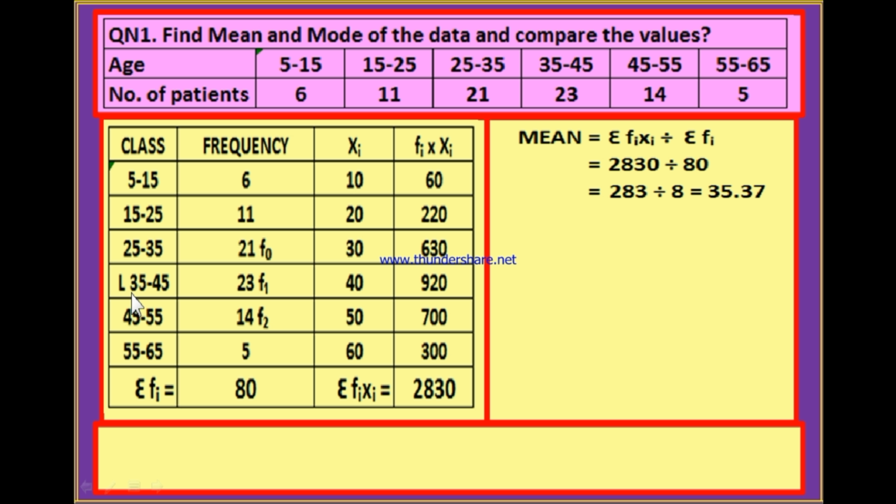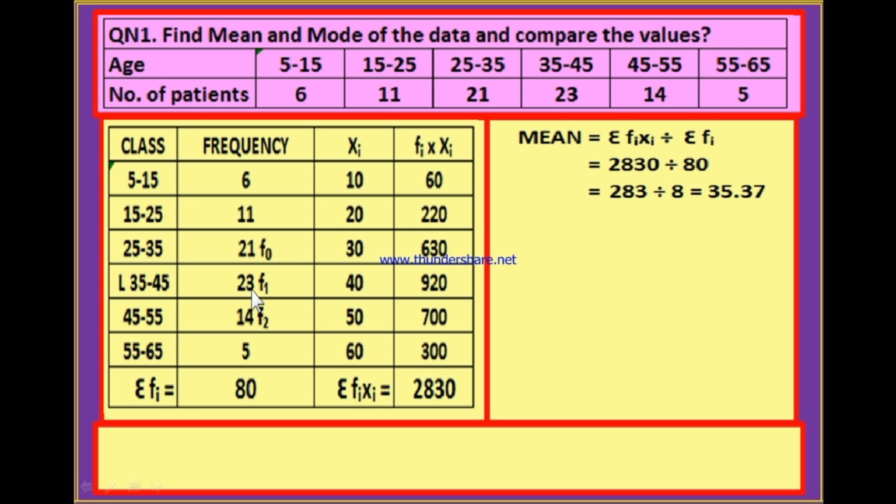Next, the class in which the highest frequency 23 lies is 35 to 45. This 35 to 45 class is called the modal class. I shall repeat. The class in which the highest frequency lies is called the modal class.